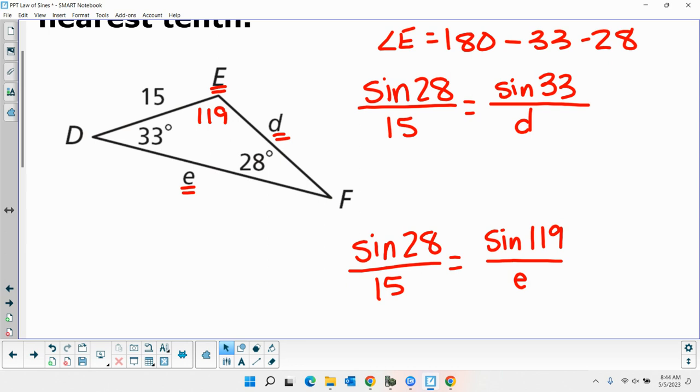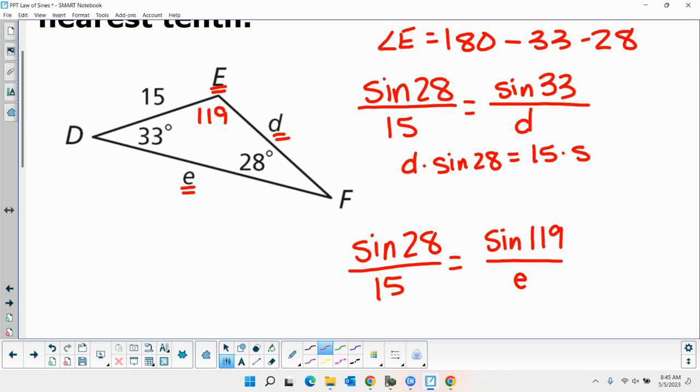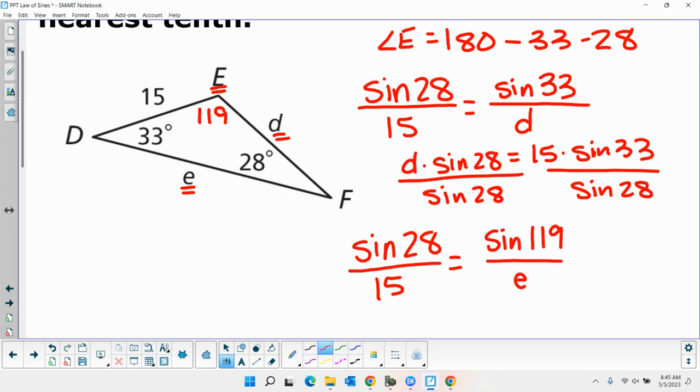All right, so I'm going to go D times the sine of 28 equals 15 times the sine of 33. I'm just showing all the work. Most of you guys are going to do this all in your calculator, which is okay. You can see that by looking at it, okay?